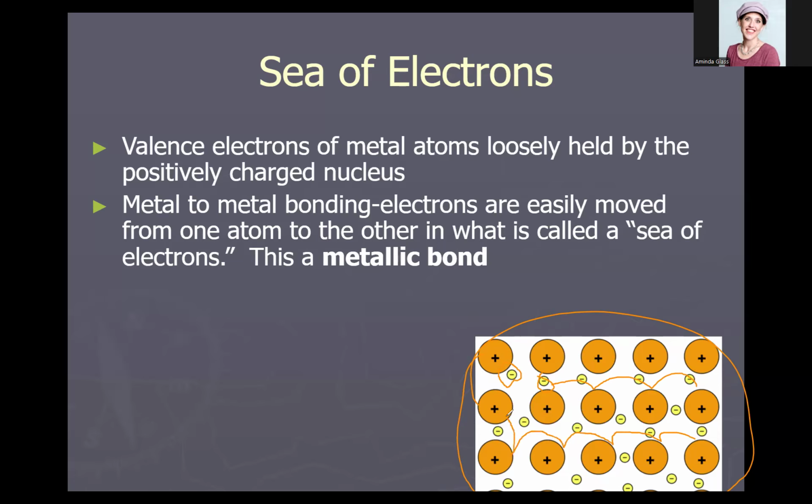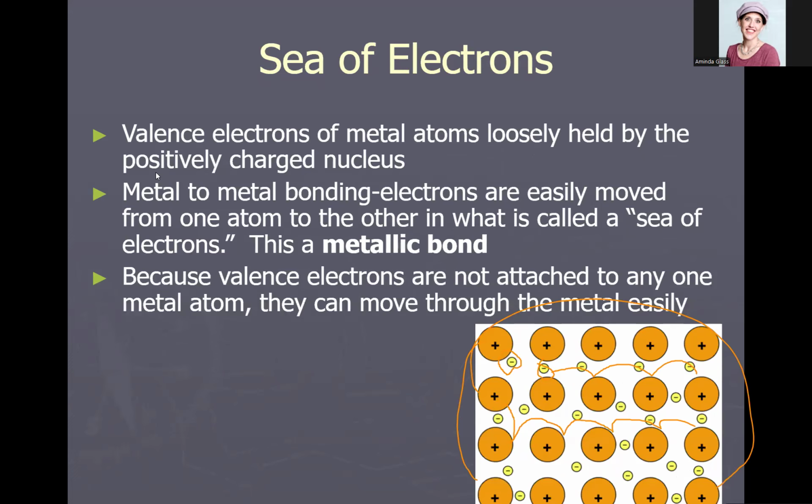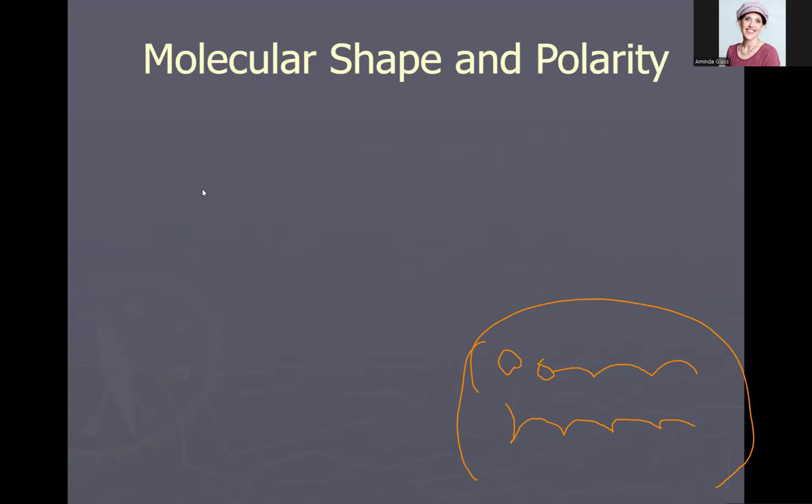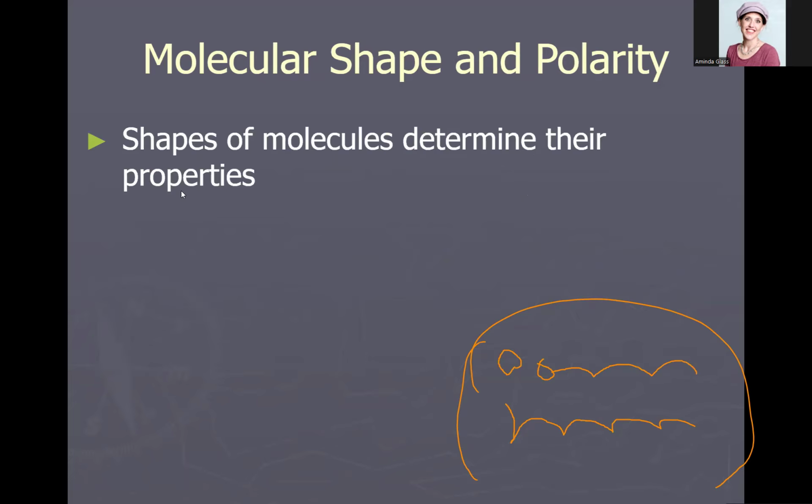And this is why metals are such good conductors of electricity, because of this sea of electrons that we have in metallic bonding. The valence electrons aren't specifically attached to just one metal atom, so they do move easily throughout the metals.